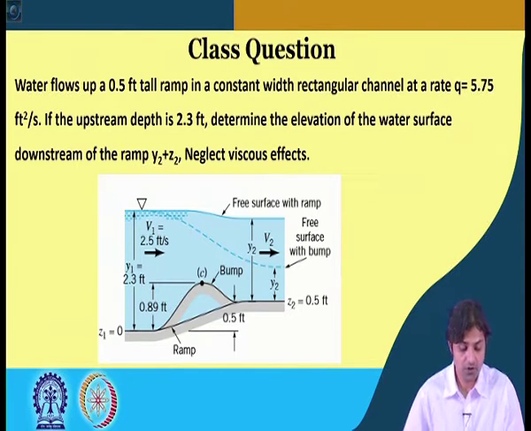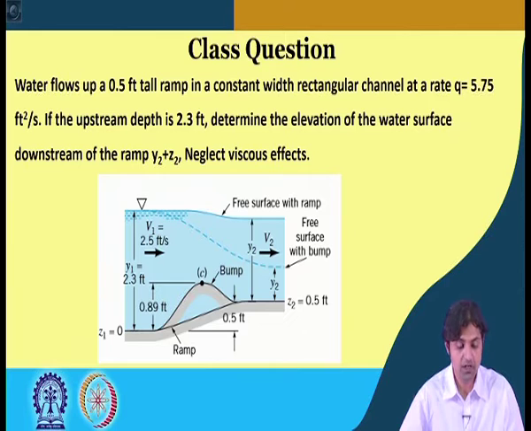Water flows up a 0.5 feet tall ramp in a constant width rectangular channel at a rate q. q is also in feet square per second. You do not have to worry that much about the units, but how this question is solved.